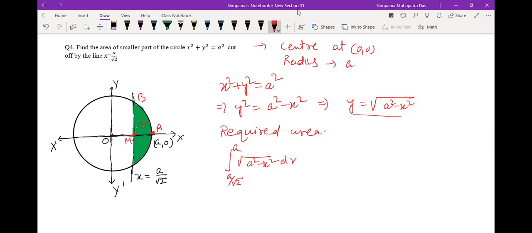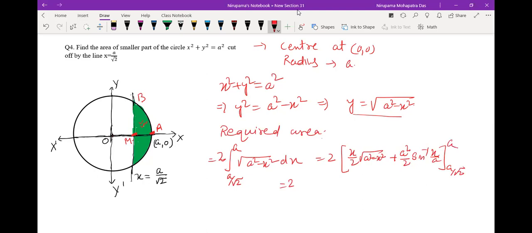As I said, this is only the upper portion, so the area of the whole portion equals twice of this. Now quickly we can do it: twice of x by 2 under root a square minus x square plus a square by 2 sine inverse x by a, with limits from a by root 2 to a.